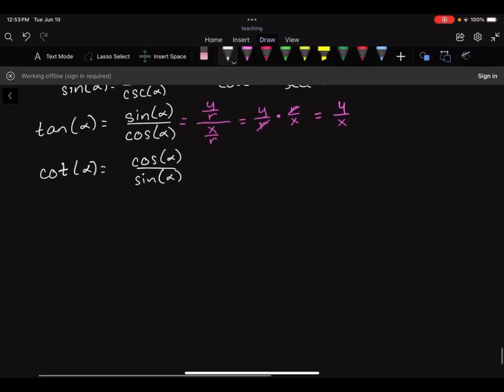Let's go ahead and do an example of using some of these functions.